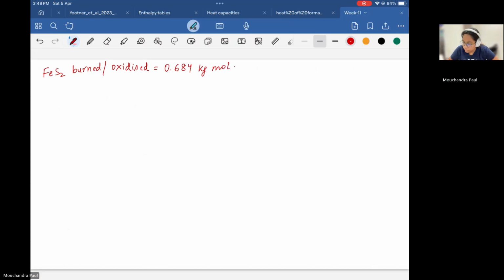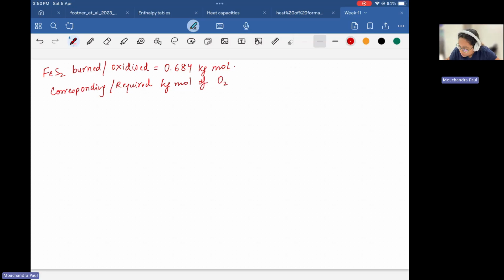So now for this much moles of FeS2 burned, what is the corresponding kg mole of gases that is produced or used?